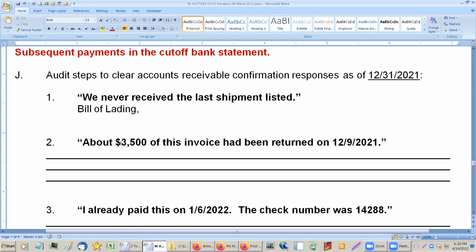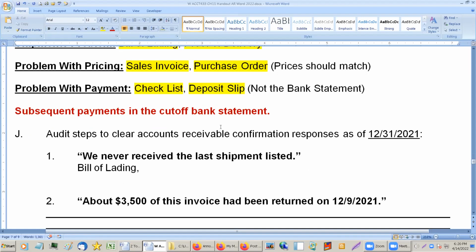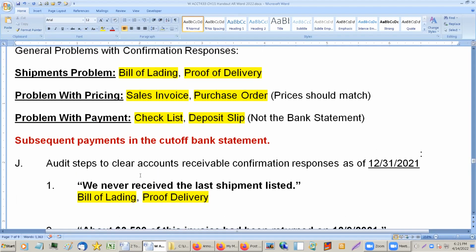Bill of lading, proof of delivery. Now, the proof of delivery may have gotten lost in the shipping or whatever. So the best one there, I would say, is the bill of lading, because that actually shows it was shipped out as of the end of the year, 12/31 or whatever it was.